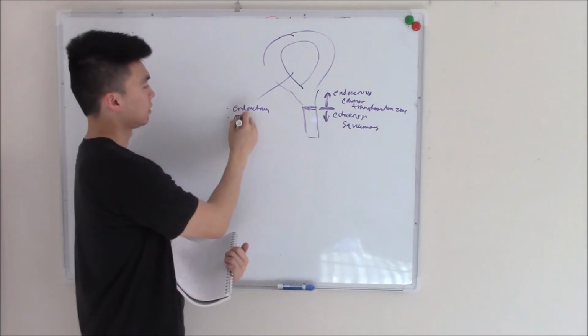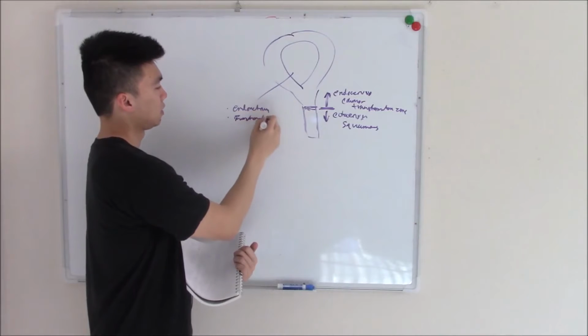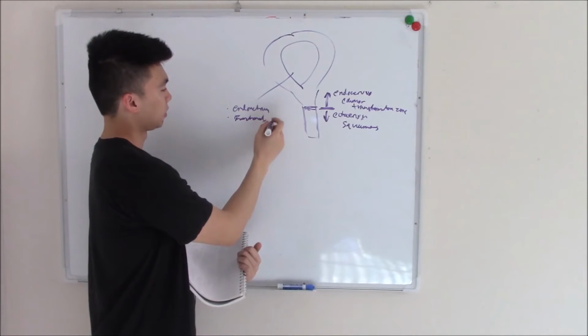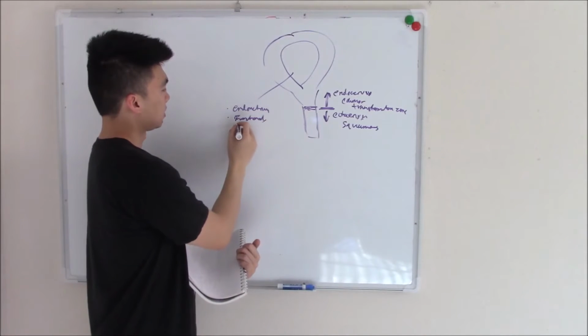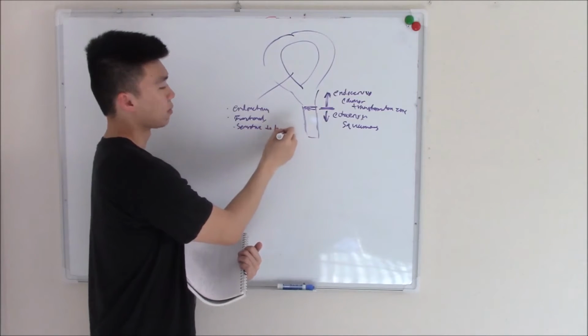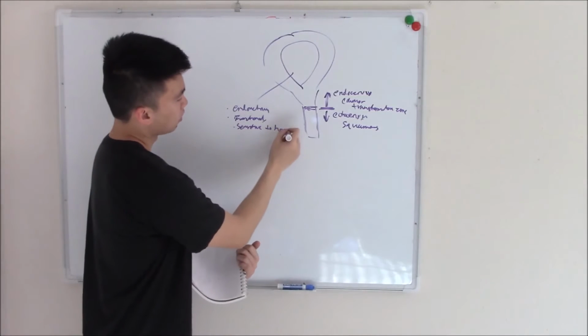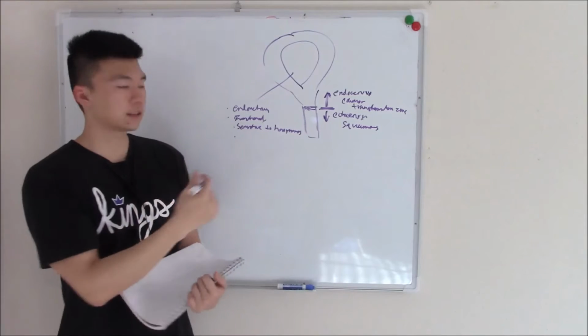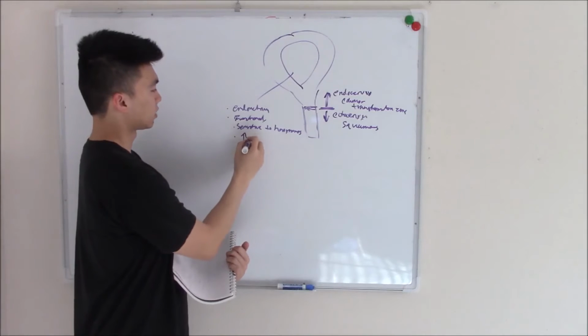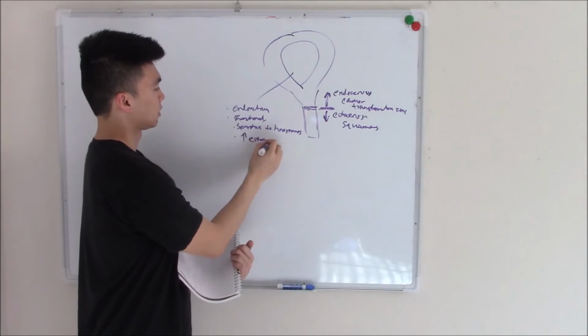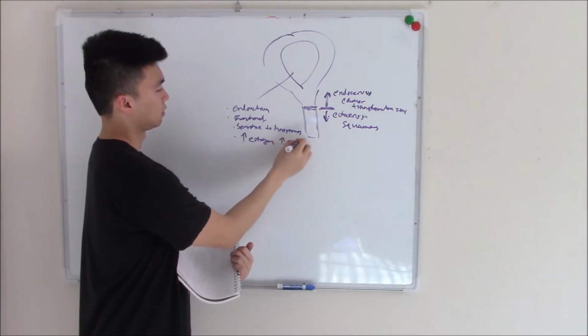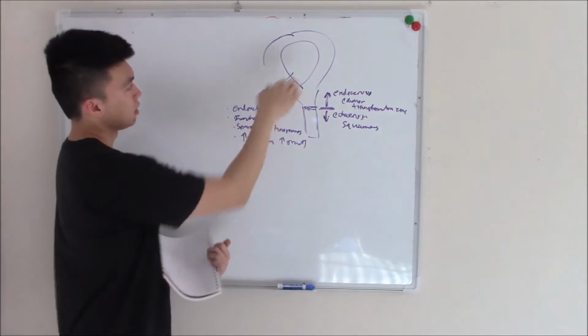And how does it grow and shed and implant? It is sensitive to hormones. Hormones tell it whether to grow or to shed, etc. For the sake of this video, the main one you need to know is that estrogen causes growth of your endometrium. So that's your inside layer.